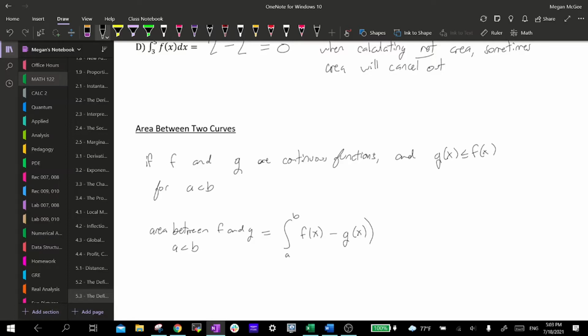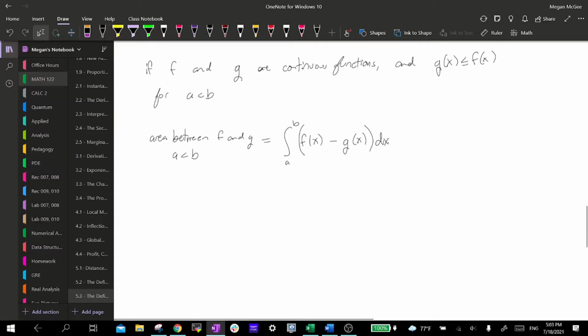And I'm going to go ahead and put these in parentheses with respect to x. Okay, and I put this subtraction here in parentheses because we want it to be super clear that we're taking the integral of both f and g and not just one part of that. Okay? So let's look at what this means on a graph.